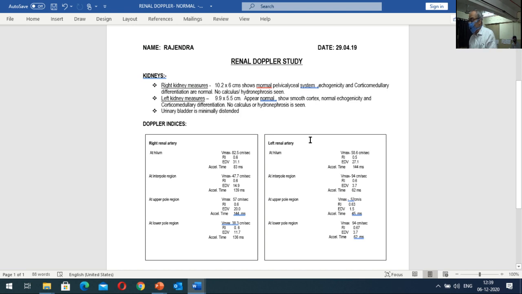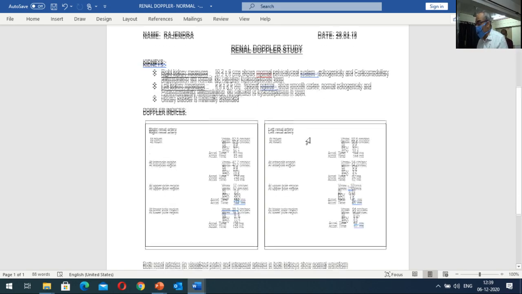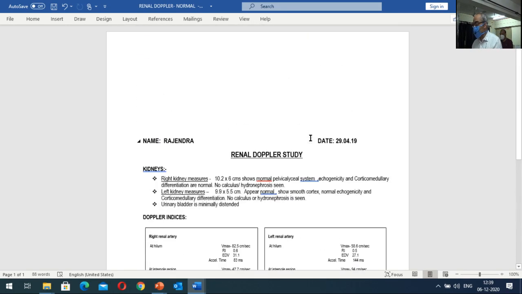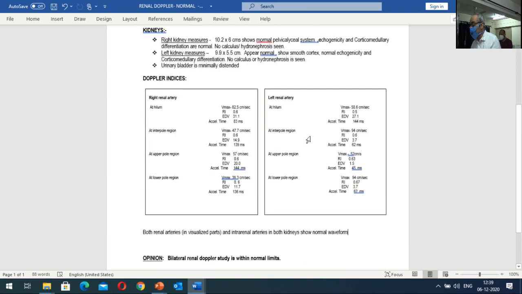So this is the renal Doppler format. The kidney sizes, the echotexture, and all B mode findings, calculus, hydronephrosis. Then the Doppler indices at both sides separately mentioned: right renal artery, left renal artery, at origin, at hilum, at segmental level, and all velocities.